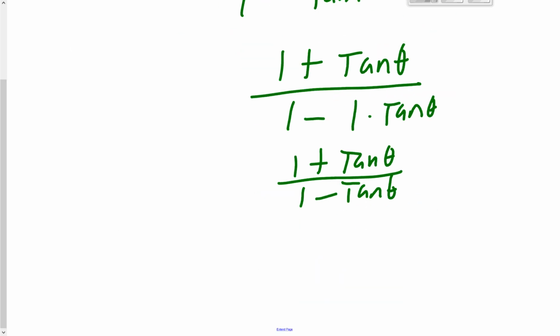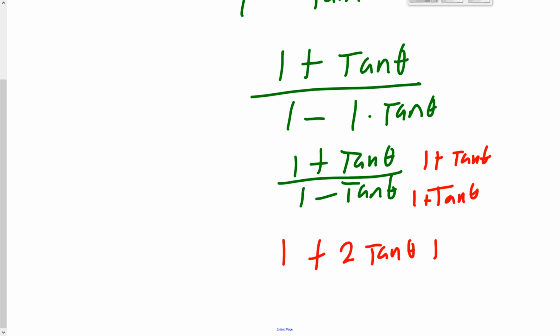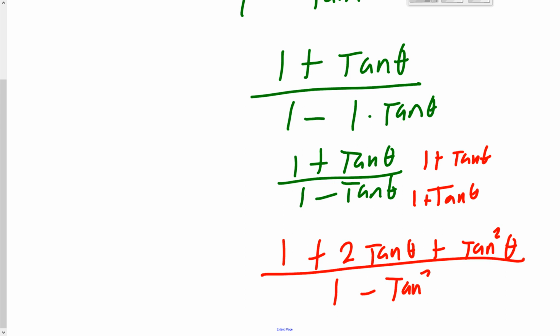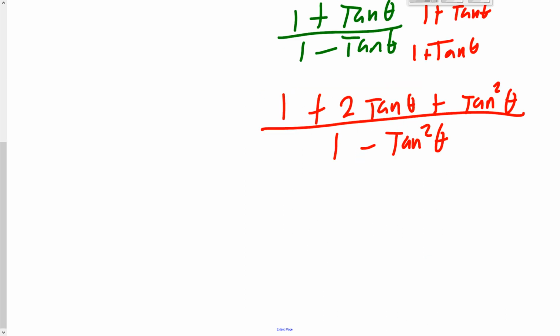So then we can go ahead and rationalize. 1 plus tan of theta on top and bottom. So this is 1 plus 2 tan theta plus tan squared of theta all over 1 minus tan squared of theta, which is the same as negative secant.